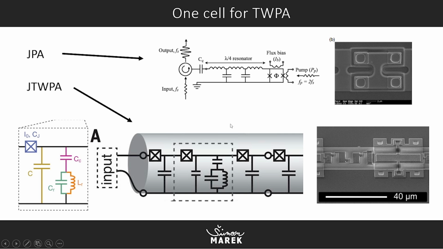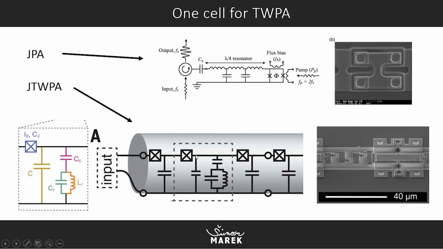And there is another type, which is the traveling wave parametric amplifier, which is a more advanced type, which requires probably thousands of similar cells, each with an inductor and capacitor and Josephson junction in series.